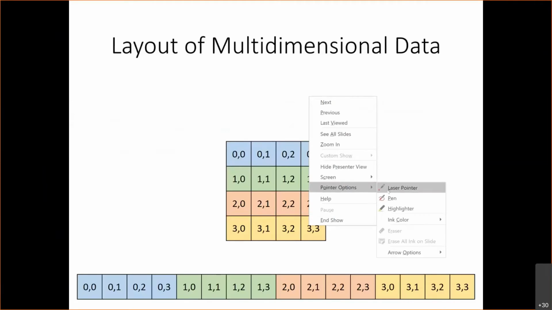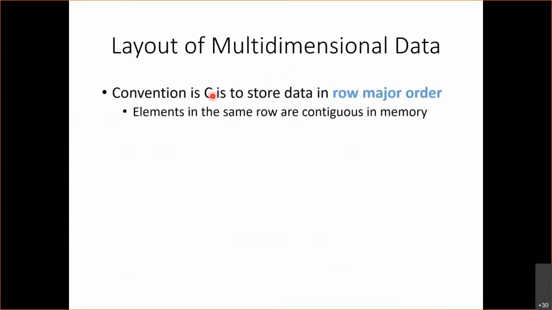This brings us to another topic, which is laying out multi-dimensional data. In C, the convention for storing data is row major order. What do I mean by row major order?